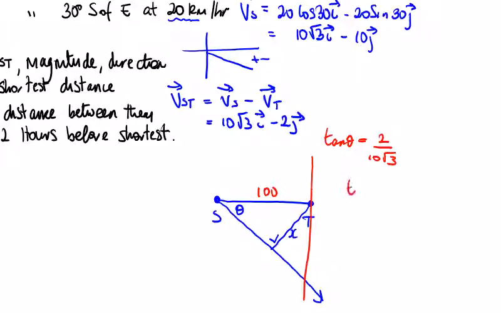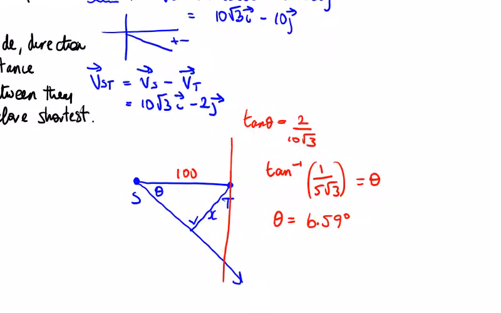So finding the inverse tan of 1 over 5 root 3 is equal to theta. Theta works out to be 6.59 degrees to 2 decimal places, in a southeasterly direction, or south of east.